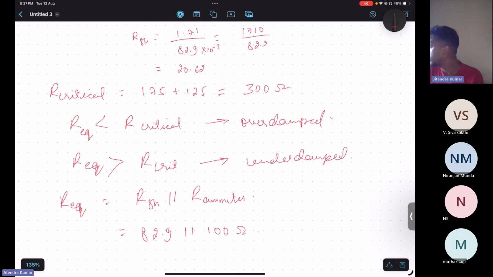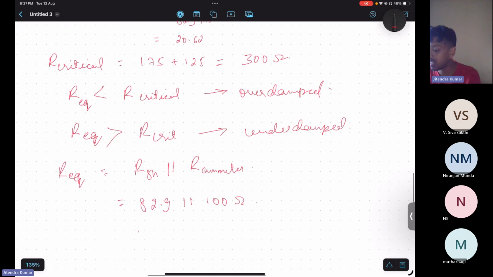So it will be lower than the least value, anywhere less than 82.9 if you calculate. And this R equivalent is less than 82.9, which is less than 300 ohm.